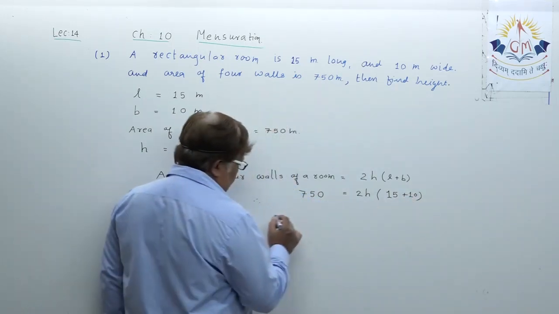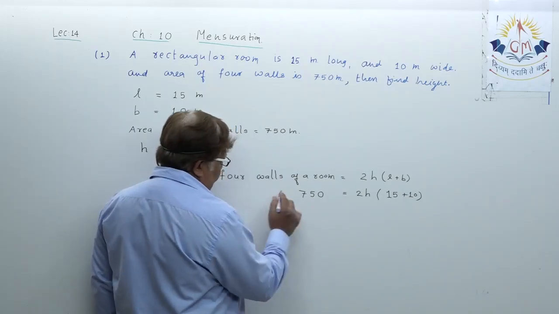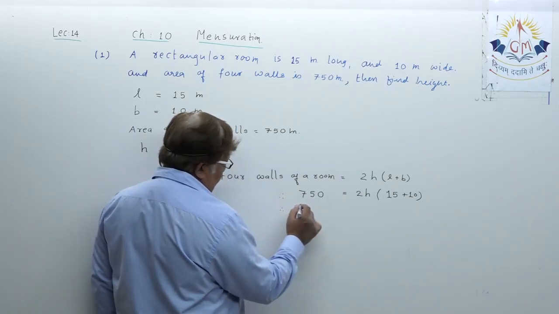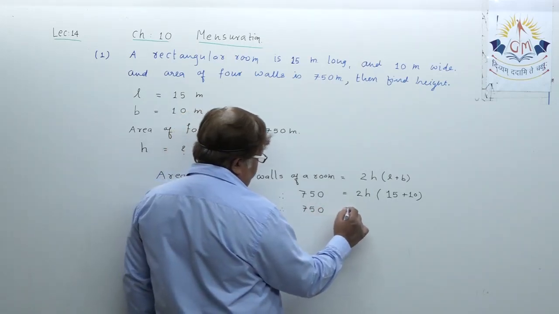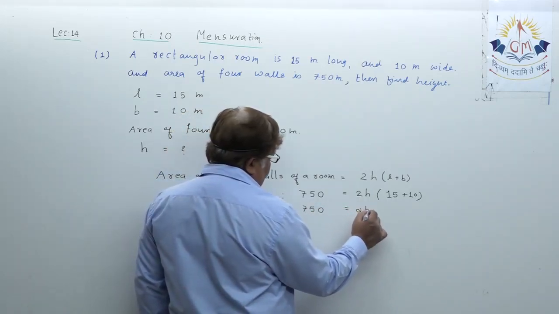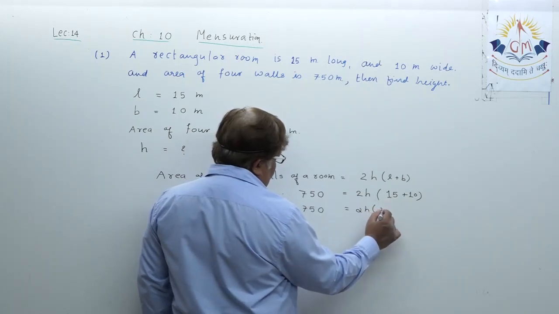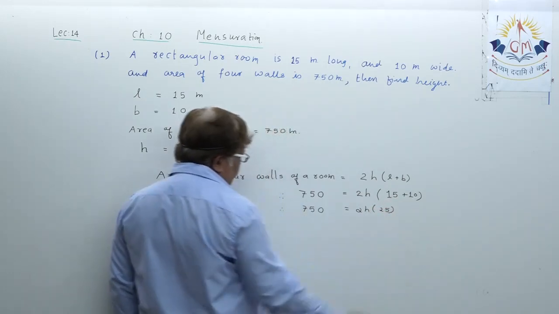So the next step will be 750 equals 2h into 25.